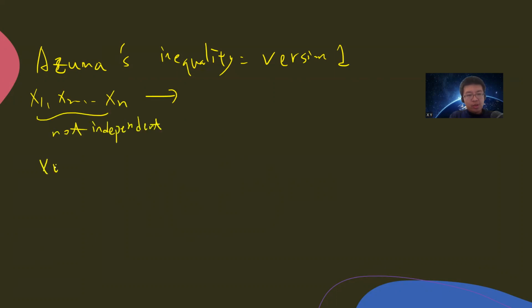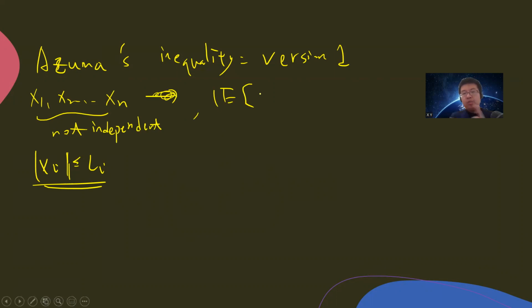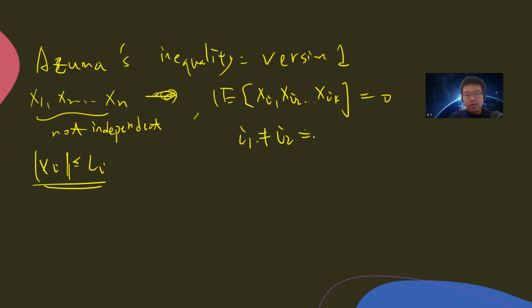Let's suppose that all these x_i are bounded by L_i, so their absolute values are bounded by L_i. And you also assume that any product of different x's has expectation zero: the expectation of x_{i1} x_{i2} through x_{ik} is zero, where i1, i2, i3 and so on are all different.